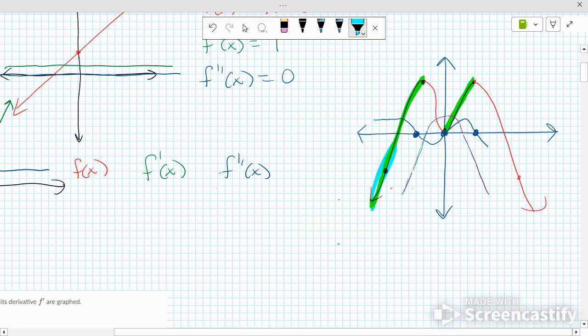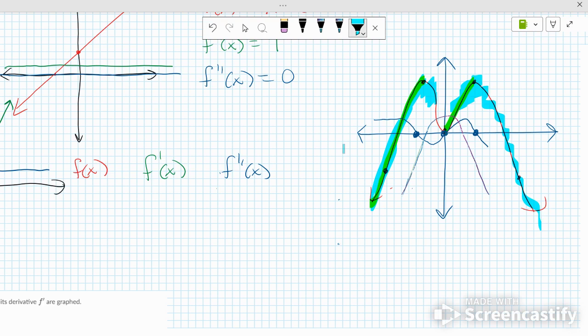So we're concave down all until there. And then we're concave up. And then we're concave down all the way there. So where we're concave down, the second derivative will be negative. Where we're concave up, it'll be positive. Okay? All right, I just explained this section in a nutshell.